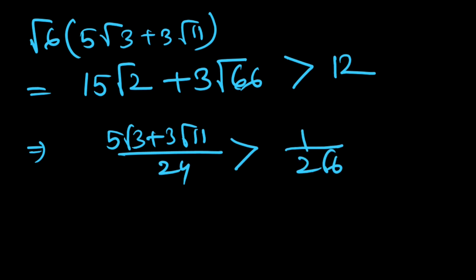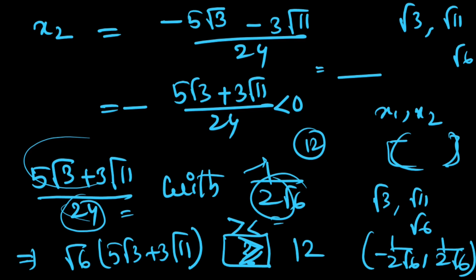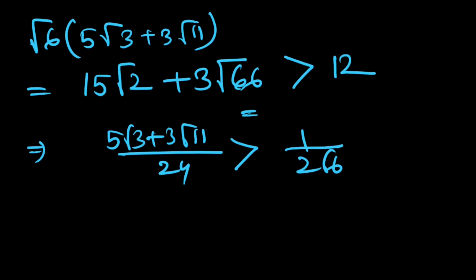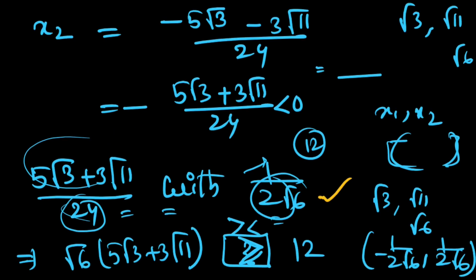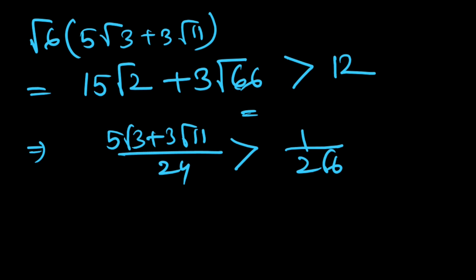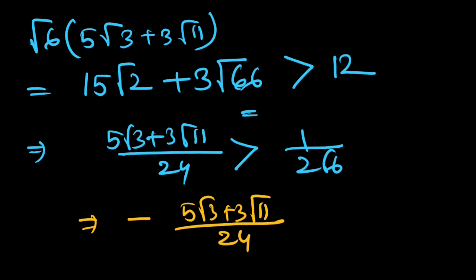because we get this number from here. So therefore we can straightforwardly say that this number is strictly greater than 1 over 2 root 6. That means minus 5 root 3 plus 3 root under 11 over 24 is strictly less than minus 1 over 2 root 6. That is actually our x2 value.